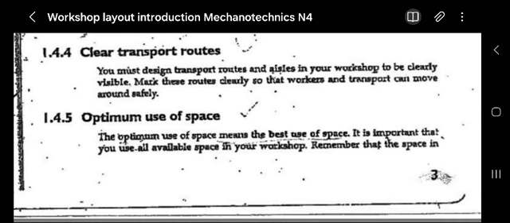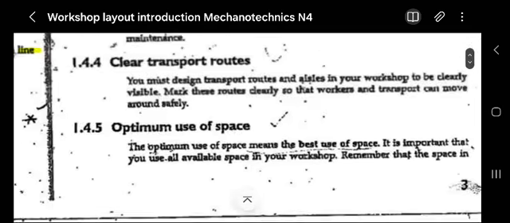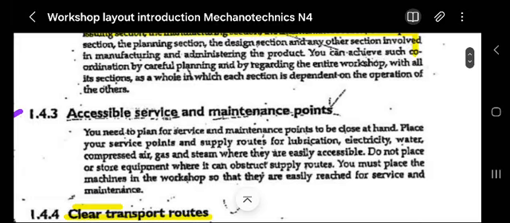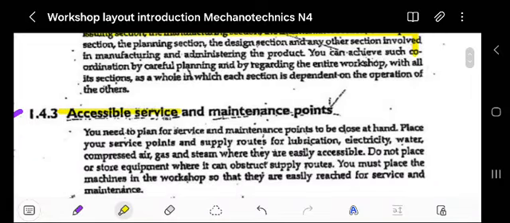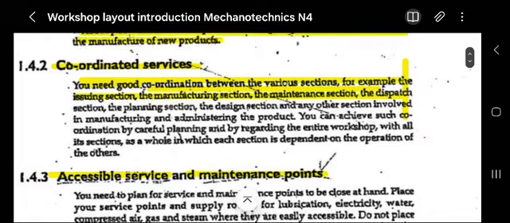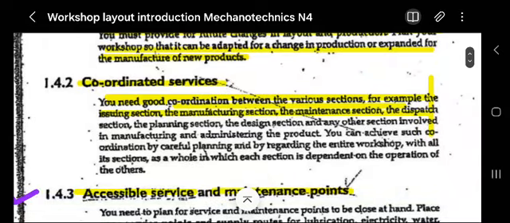Okay, fine, we've discussed that. As you can see, these are the factors: optimum use of space, clean transport roads, accessibility of service and maintenance points, electricity, water, and coordinate service.